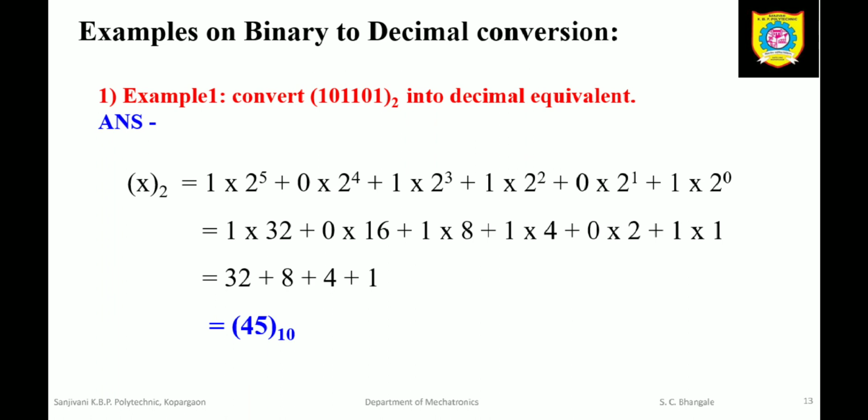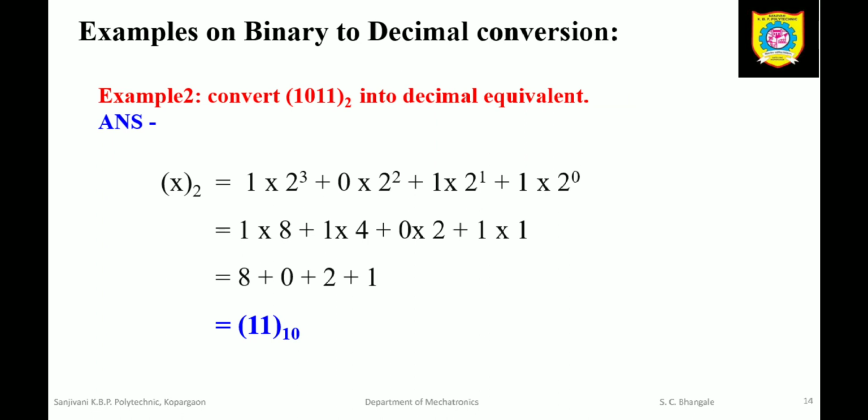So 1 into 2 raised to 5 plus 0 into 2 raised to 4 plus 1 into 2 raised to 3 plus 1 into 2 raised to 2 plus 0 into 2 raised to 1 plus 1 into 2 raised to 0. If we calculate this value, we get 32 plus 8 plus 4 plus 1, which is nothing but 45. So the given binary number is 101101 to the base 2 and the equivalent decimal number is 45 to the base 10.